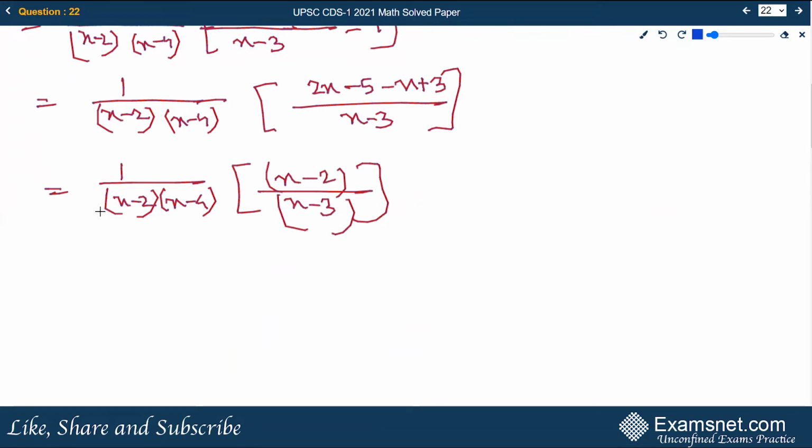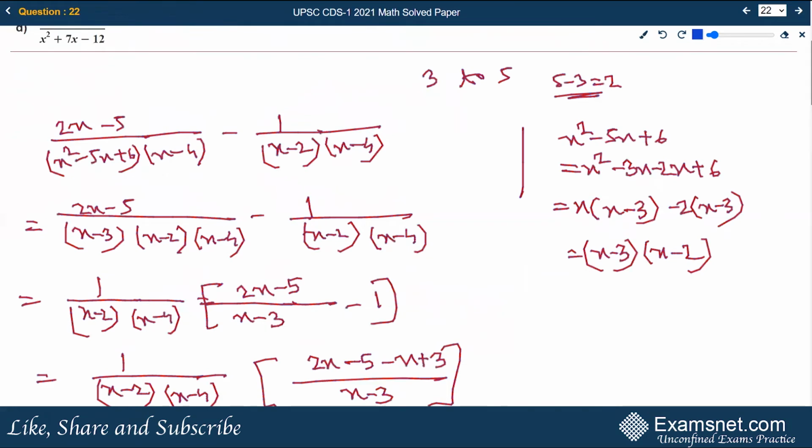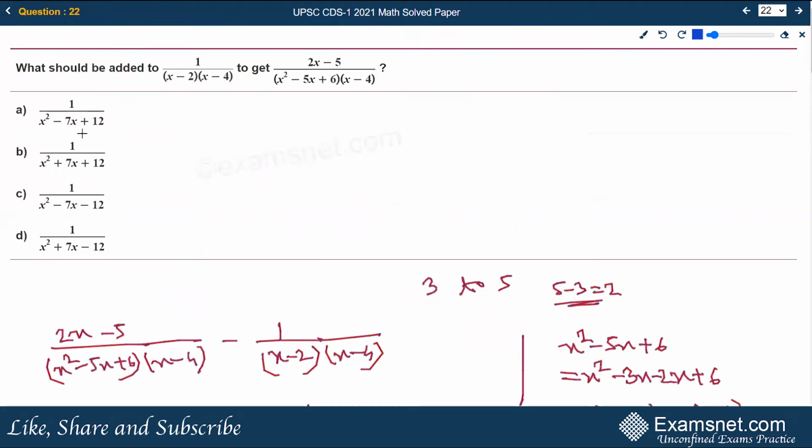So both x minus 2 got cancelled. We are left with only 1 by (x minus 4)(x minus 3). If we multiply them, we get x squared minus 3x minus 4x, that is minus 7x plus 12. This is the answer. So 1 by x squared minus 7x plus 12, that is option A, needs to be added to get the second expression.